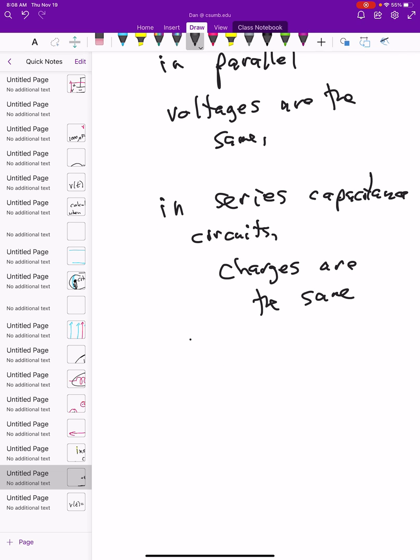Okay, and then that combined with Q is equal to C times V can give you whatever you're looking for, whether it's a charge across a capacitor, or the voltage across the capacitor, if you know the capacitance and the charge. So if you know any two of them, you can find the third.